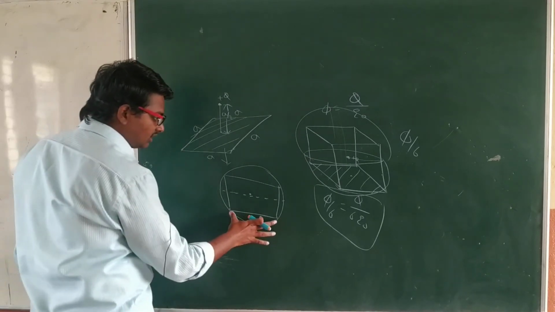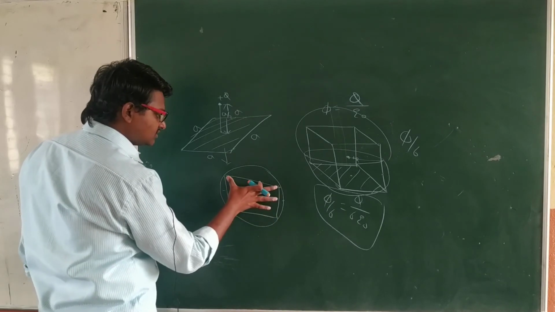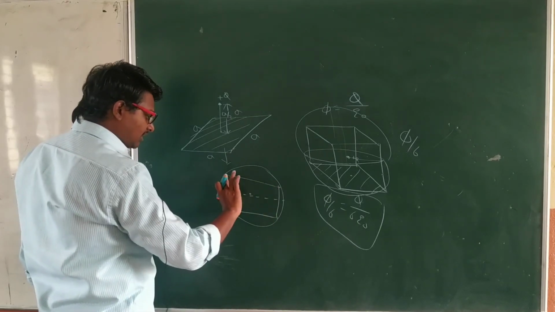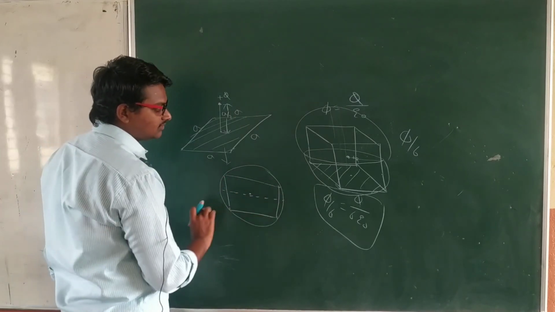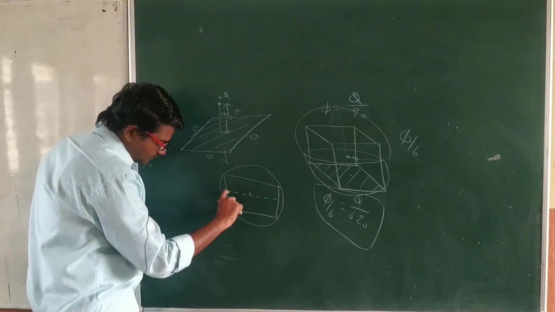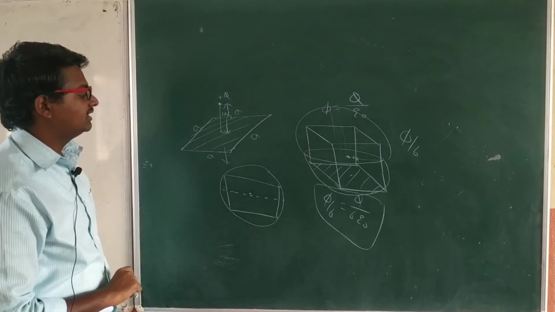How much this one got? Q by 6 epsilon naught this one got, and this one also will get q by 6 epsilon naught. Combinedly this half and this half will get q by 6 epsilon naught. This also same. It means only this part got how much?